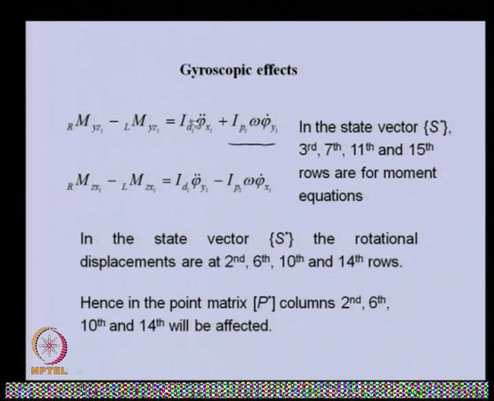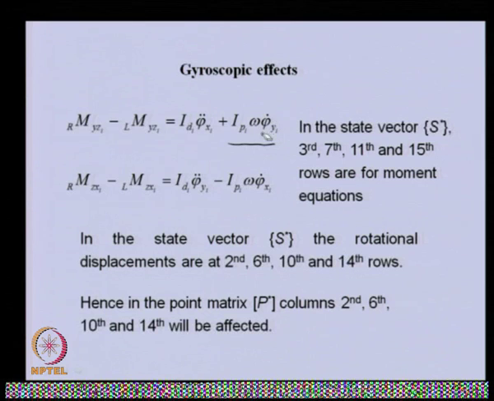Now, because of the gyroscopic couple, apart from this there will be an additional gyroscopic couple term. In this you can see that this particular angular displacement will be in the other plane. When we are considering the yz plane, the angular displacement of the disk in that plane is phi x, but the gyroscopic couple will be because of the angular velocity or angular precession in the other plane, that is the zx plane.